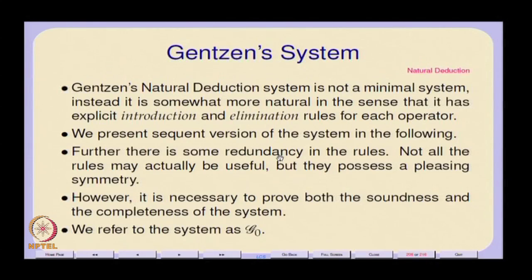In fact, some of the rules will never be applied at all, but they are there for maintaining a symmetry of the chart. Of course, one thing is that when you have these redundant rules, you have to ensure that your system does not become unsound, does not become inconsistent. That is a matter of concern. So, we will call this system G naught after Gentzen, right.